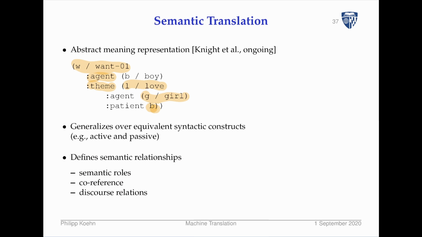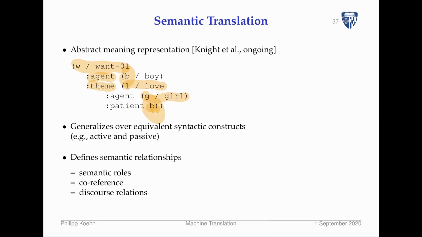So the B here is the same B as up here. So the boy occurs twice in this meaning representation. One is explicitly explained, it's boy, and later it's just referred to as a variable. So what this sentence supposedly means is the boy wants the girl to love him. And that's the meaning representation.